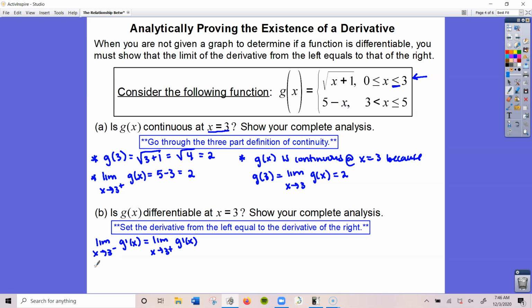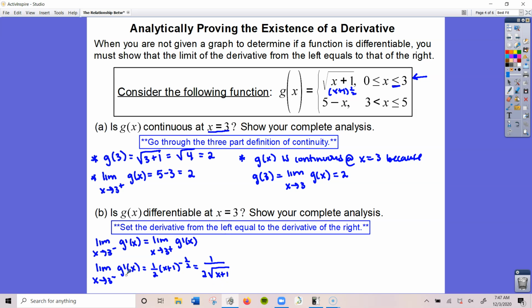So let's start with the limit as x is approaching 3 from the left of g prime of x. When I find g prime of x for the left side, this is equal to (x plus 1) raised to the 1/2. So the derivative would be 1/2 (x plus 1) raised to the negative 1/2, which is equal to 1 over 2 square root of x plus 1.